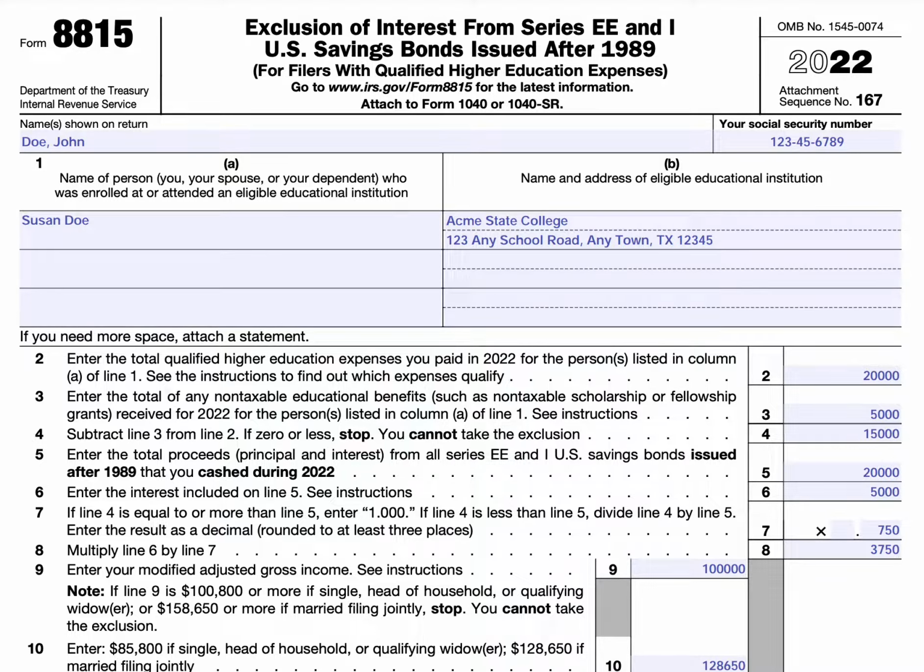So in line 2, we entered $20,000 of expenses. Qualified education expenses include a lot of things, but they don't necessarily include room and board, and they don't include sports-related activities or hobby-related activities, extracurriculars that weren't directly part of a degree or certification program.